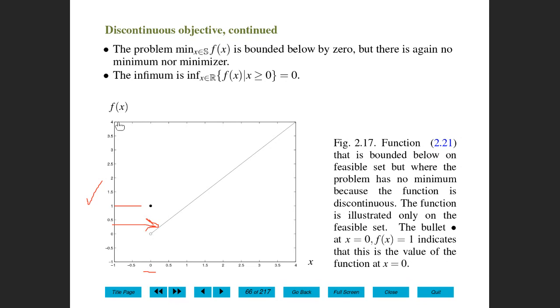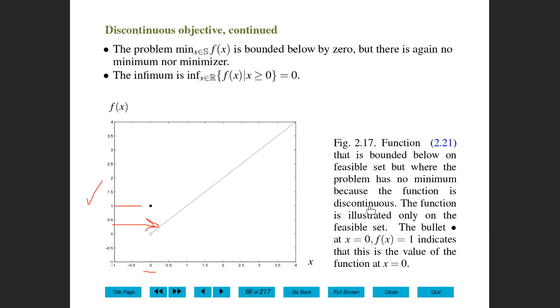So by definition, minimum means a smaller value. So we cannot find the minimum here, but the infimum we can find. The infimum will be 0, because this function would approach 0. So we can say yes, the infimum is 0. But if you ask what is the minimum, what is the minimizer, no, we can't find that, right?